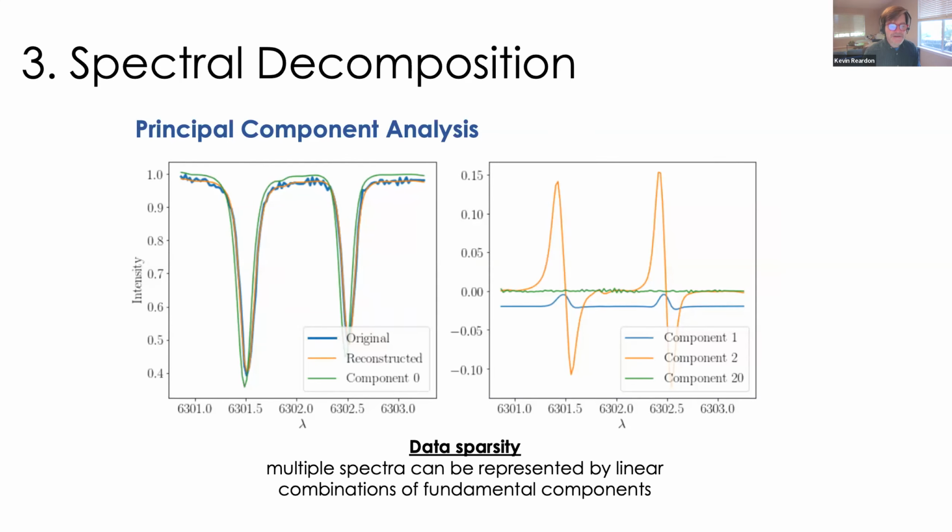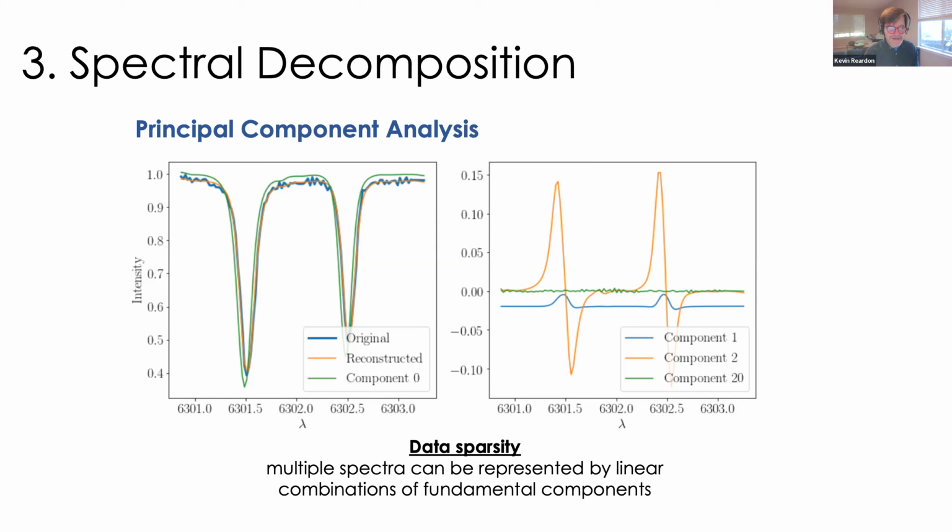And then the third method we identified as needing better development, for the solar case, is what we call spectral decomposition. We have these observations of spectral lines, and observations of the same spectral line at multiple times or in similar features have a lot of similarity to one another.